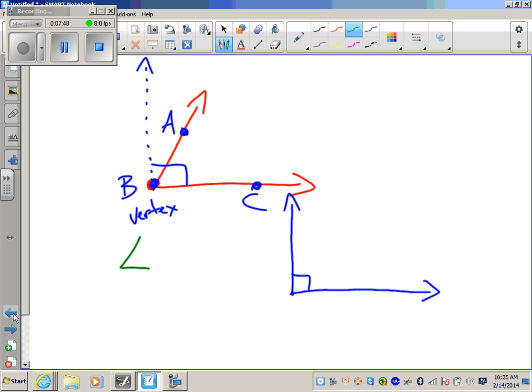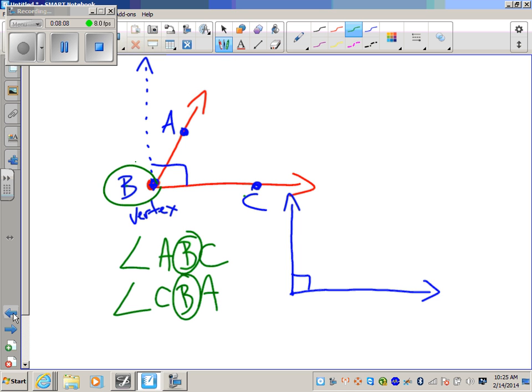And if I'm going to use 3 letters, my middle letter always has to be my vertex. So I could label this angle as angle ABC, or I could label it as CBA.